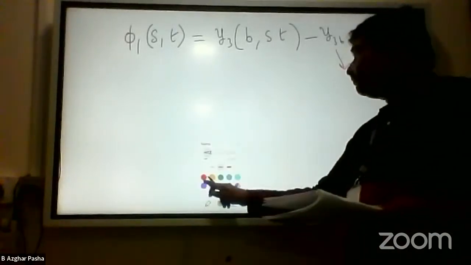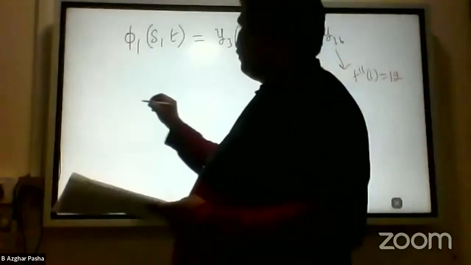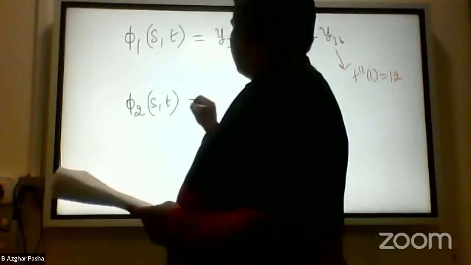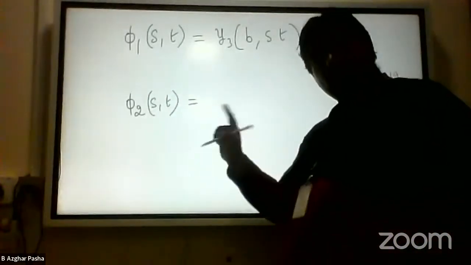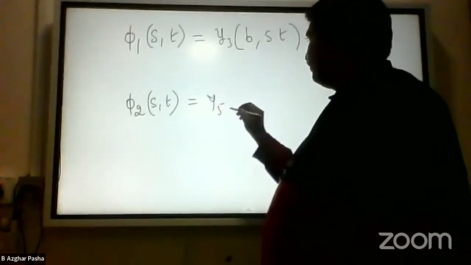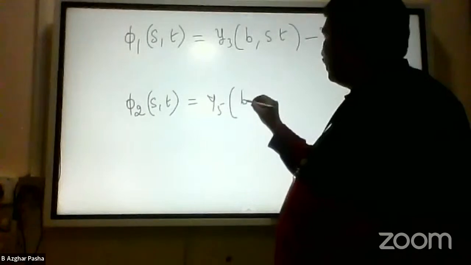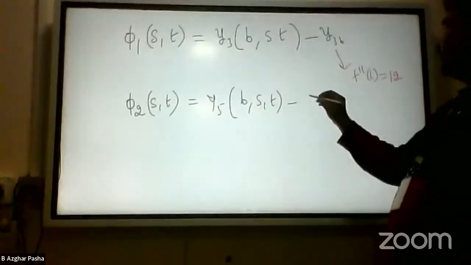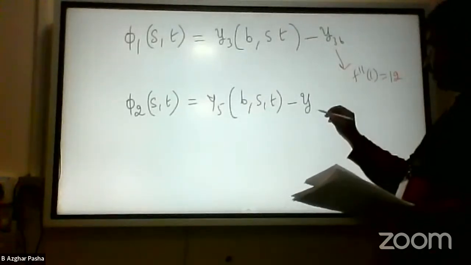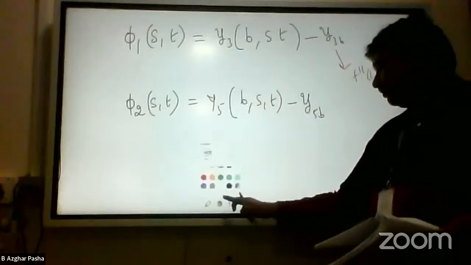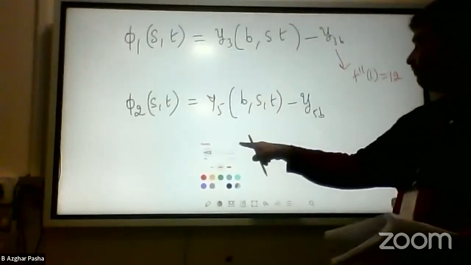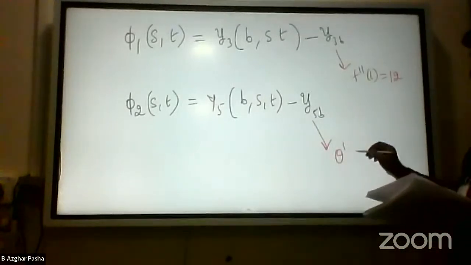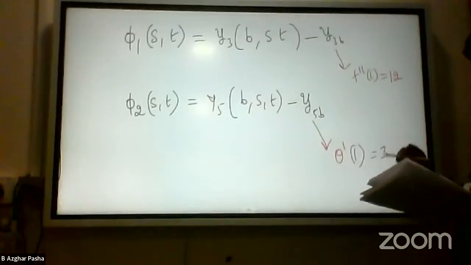Condition number 2, phi2 of s comma t, relates to y5. In that initial value problem I substitute x equal to b. This should match the condition y5 of b, which is theta dash of 1, equal to 3.